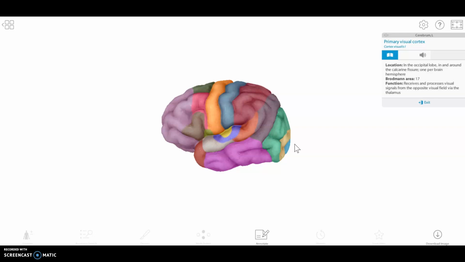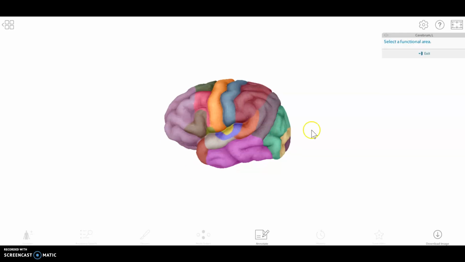Okay. Where were we? The primary auditory cortex, this is in the temporal lobe, right up against the lateral sulcus. And this is for processing sound. Then you have Wernicke's area.